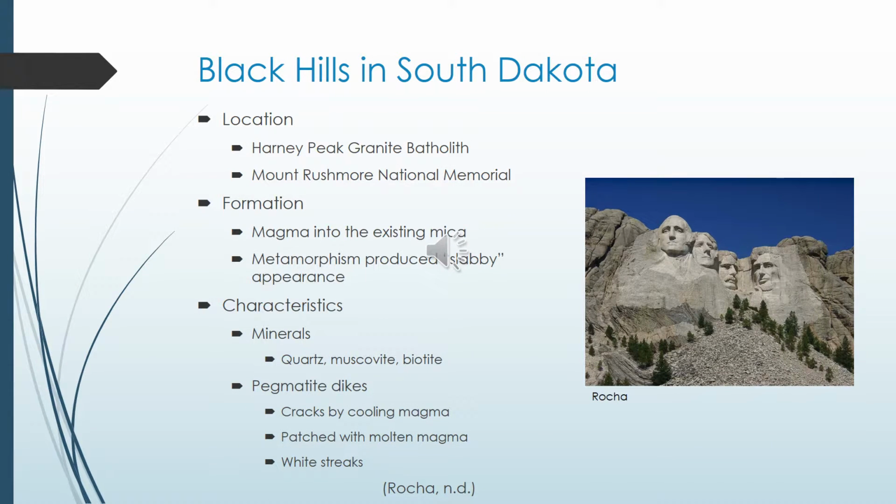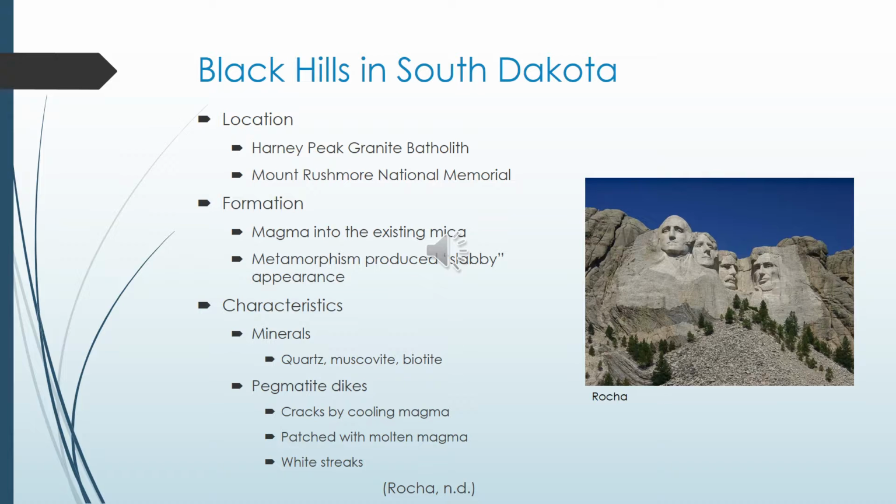The most famous example of a granite batholith is in the Black Hills of South Dakota. In the Harney Peak Granite Batholith, the northeast boundary is the Mount Rushmore National Memorial. The Black Hills magma was placed into the older existing mica schist rocks, and the metamorphism produced the slabby appearance of the rocks, and it consists of fine-grained minerals such as quartz, feldspar, muscovite, and biotite.